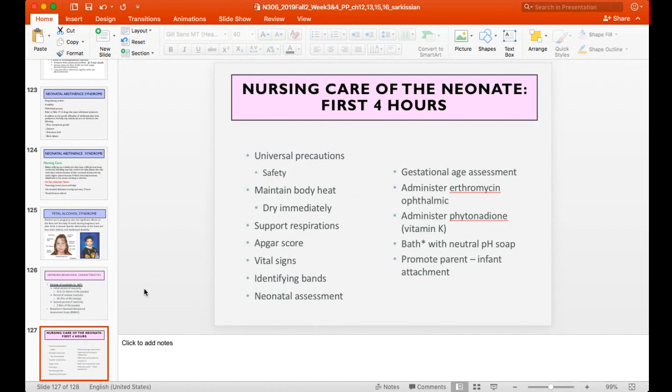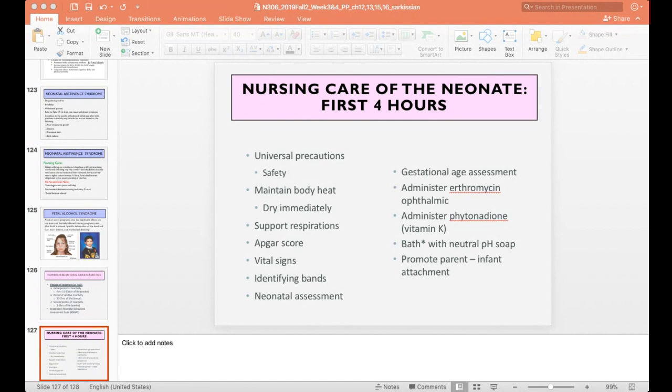Okay, universal precautions. Obviously, we want to make sure the baby is safe, and what that means is staying with its parents, right? We are tagging the baby, making sure that armbands all match up. We want to maintain body heat, right?